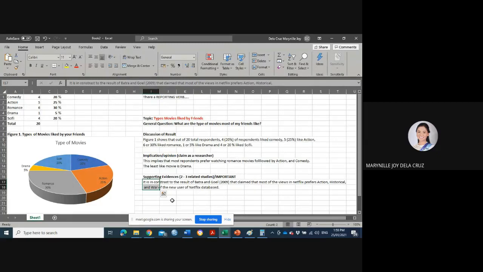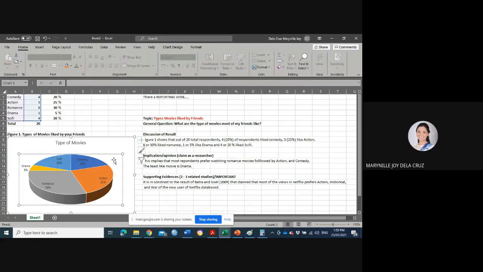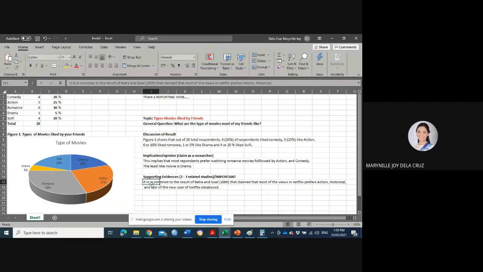Number one reason here is that the result here is based on your friends. In this supporting evidence, the result is based on the new user of Netflix database.